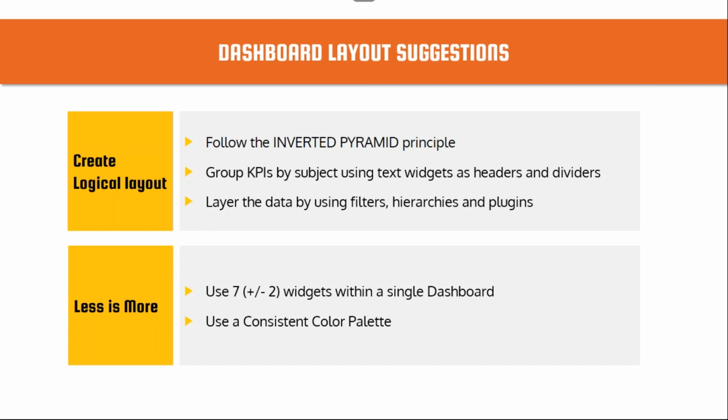What that means regarding the dashboard is that you might use 5 to 9 widgets, no more than 9 widgets. We'll shortly see how we reduce the number of widgets from the wrong dashboard into the right dashboard. And we want, of course, to reduce the noise, so we're going to use a consistent color palette.